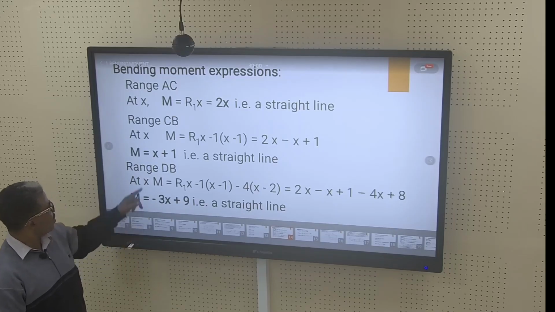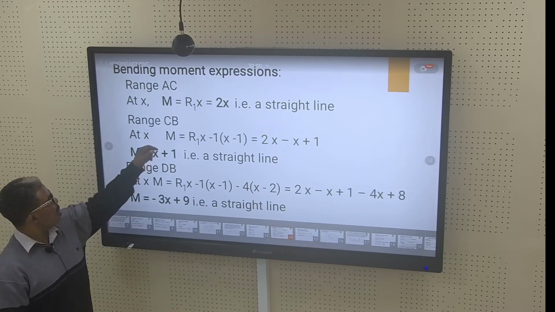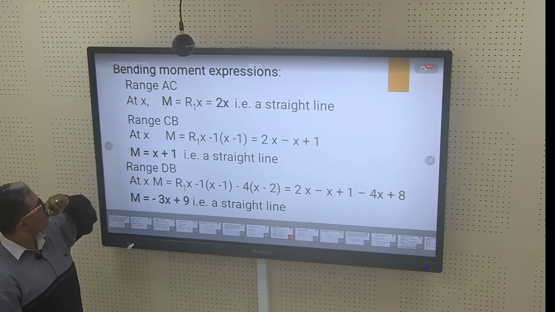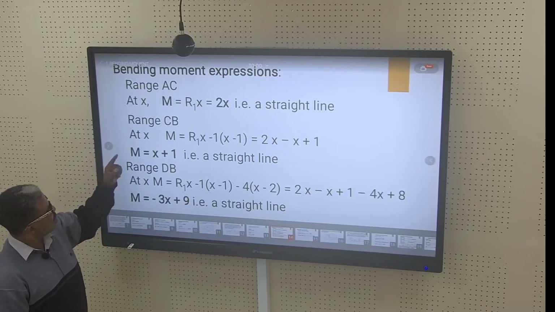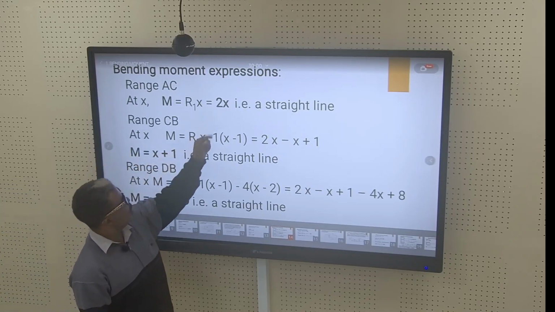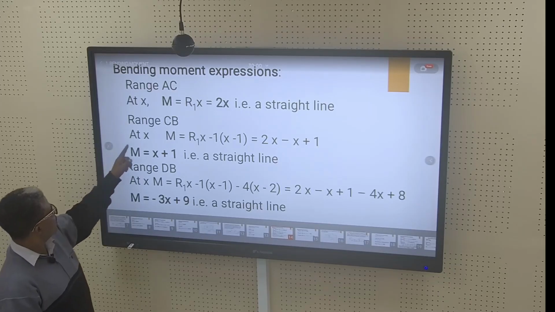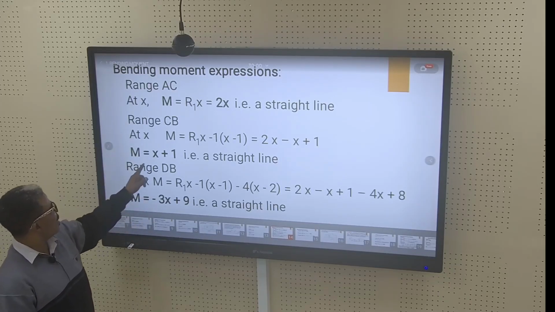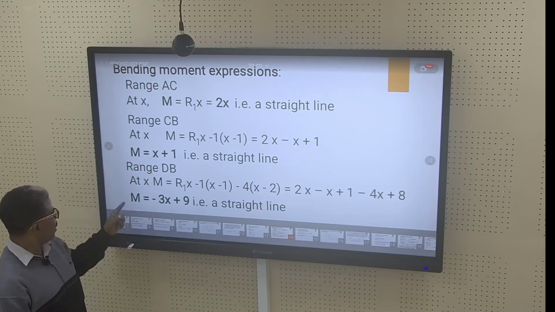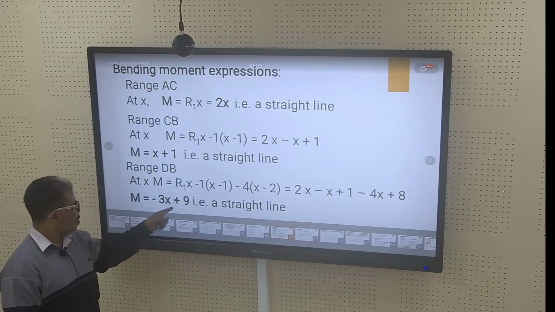For the range of AC, it is 2x. Range of CB is x plus 1. Range of DB is 3x plus D.